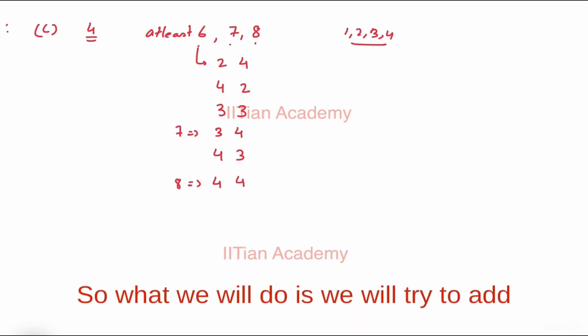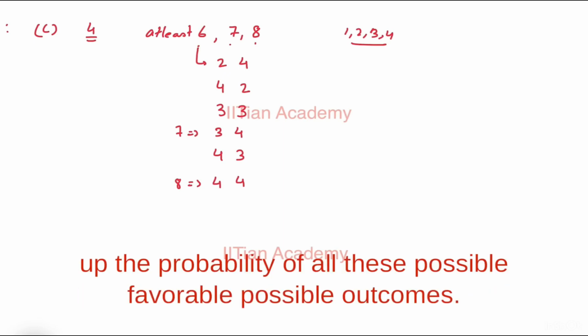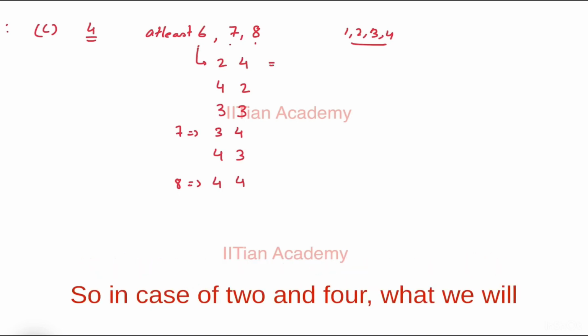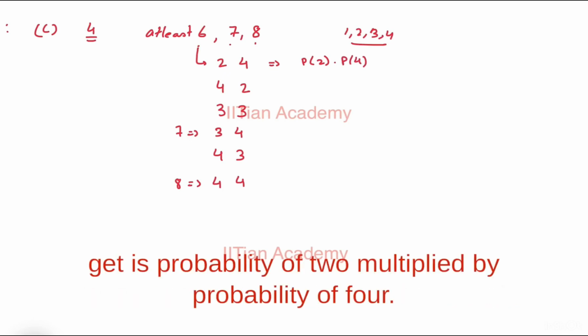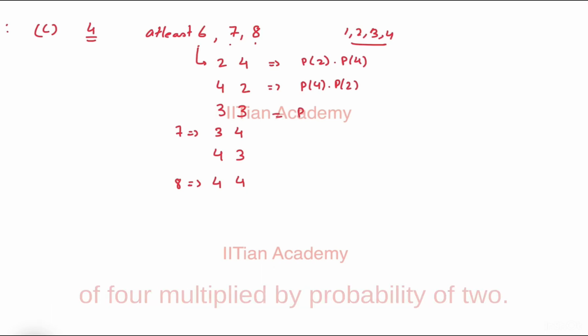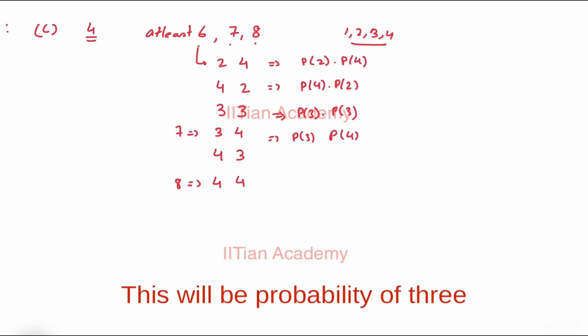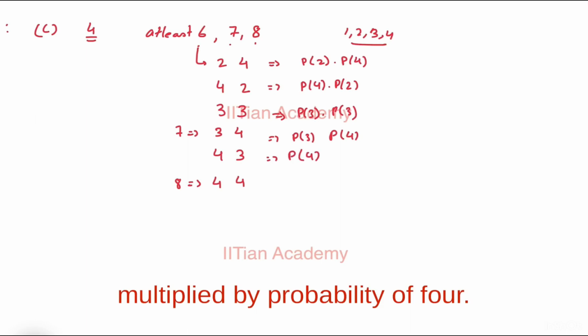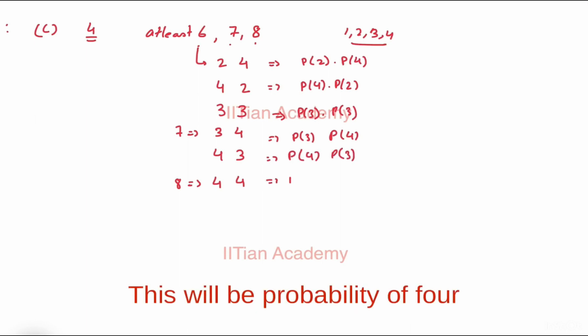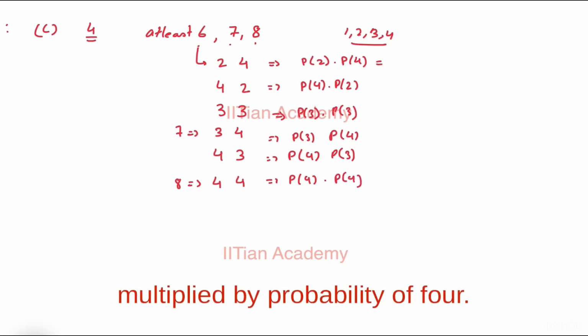So we will add up the probability of all these favorable outcomes. In the case of 2 and 4, we get probability of 2 multiplied by probability of 4. In this case, probability of 4 multiplied by probability of 2. Here, probability of 3 multiplied by probability of 3. This will be probability of 3 multiplied by probability of 4. This will be probability of 4 multiplied by probability of 3. And this will be probability of 4 multiplied by probability of 4.